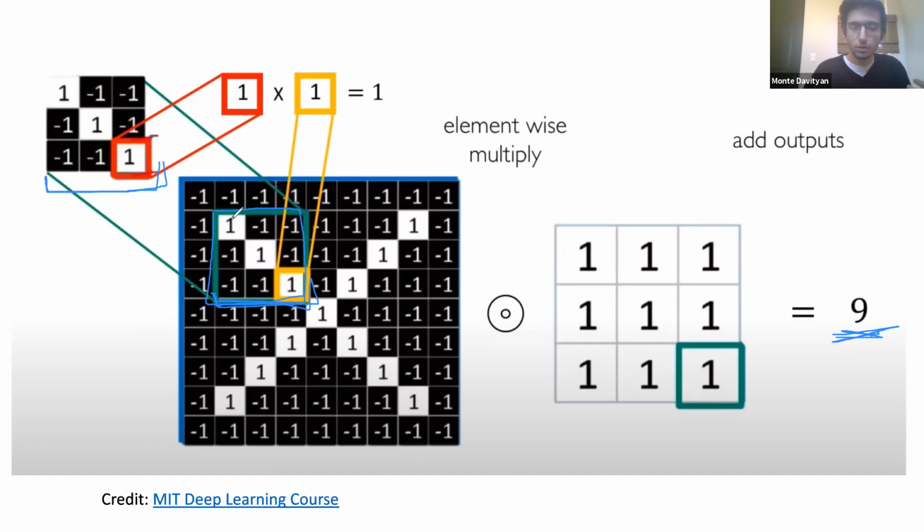And by the way, I'll talk about this later too, it's not randomly choosing a specific portion of the image. It's systematically going through the entire image and multiplying the same weight matrix to every single portion of the image, and then getting the corresponding output.